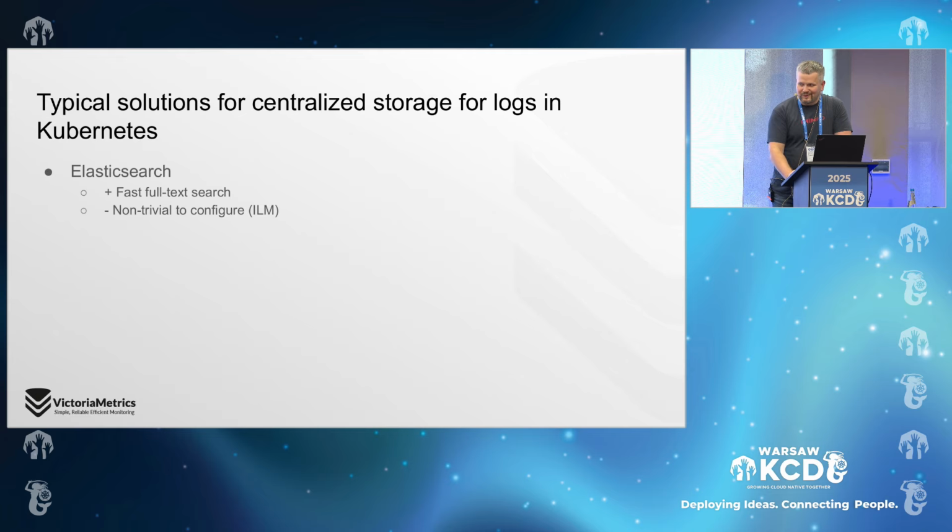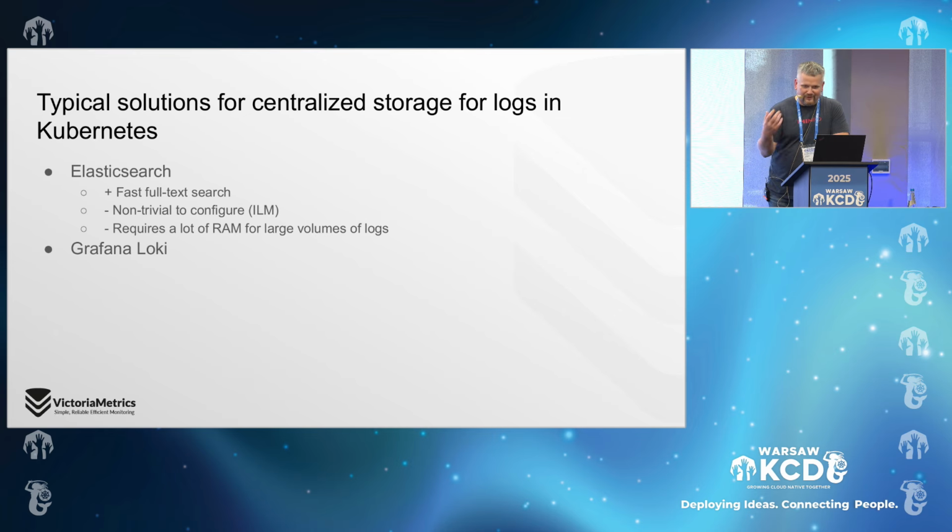If you work with Elasticsearch, you probably know about this. And a very big problem with Elasticsearch on large-scale logging is that it requires a lot of memory. It requires literally terabytes of memory for collecting tens of terabytes of logs, and tens of terabytes of logs is quite a small amount of logs nowadays.